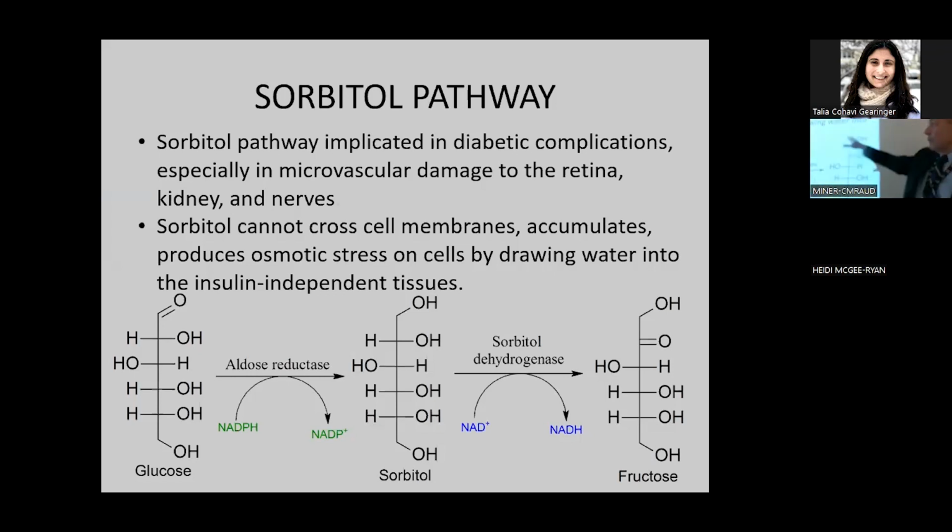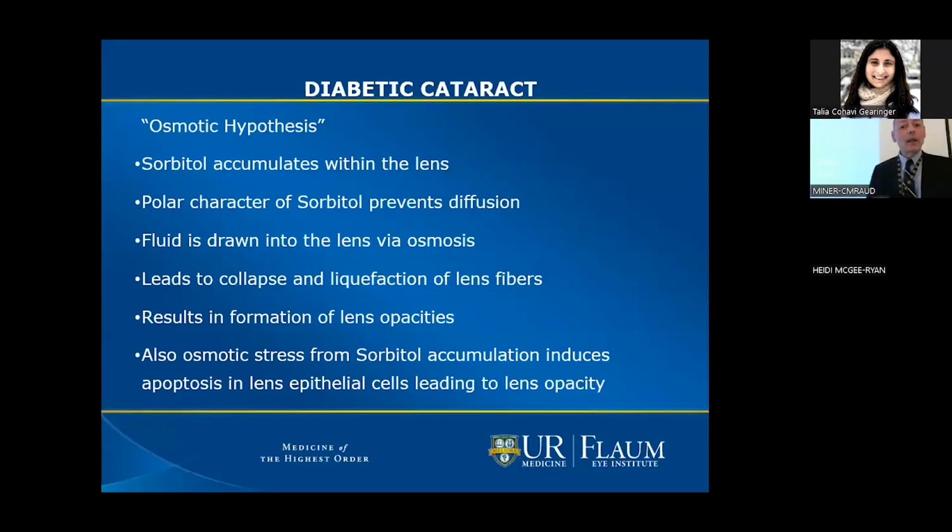So this basically just outlines, in more detail than you probably would ever want to know, that there are enzymes involved in this process that convert glucose to sorbitol and to fructose. And these things can have osmotic effects and also can create stress on the cells and actually sometimes cause death to the cells within the lens fibers themselves, which can then lead to diabetic cataracts.